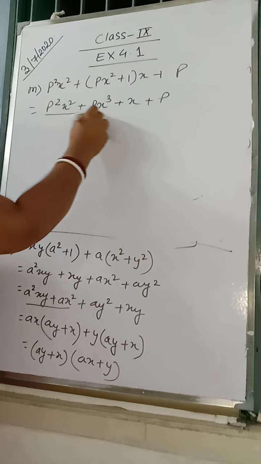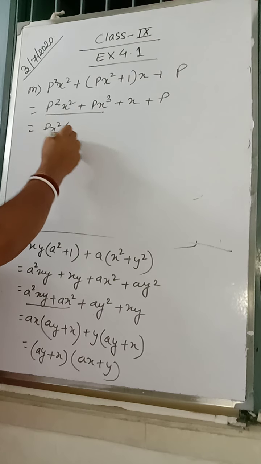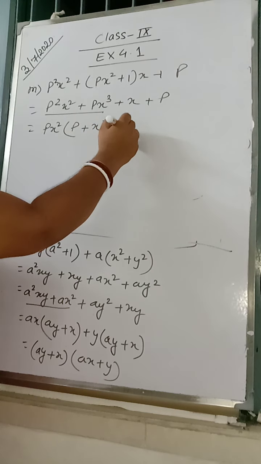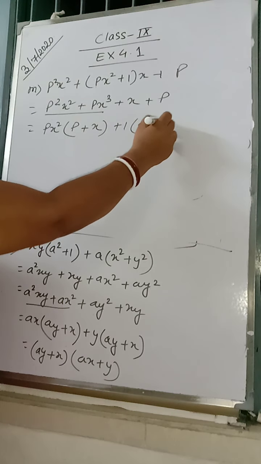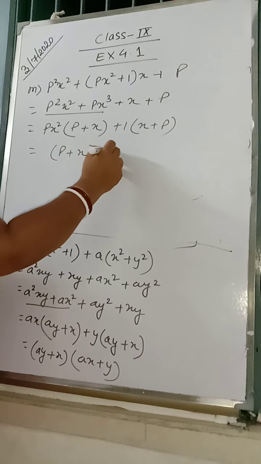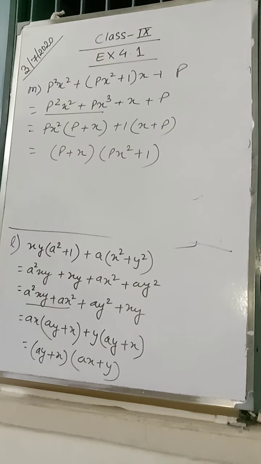Now from these two I am taking p x square common, so I am left with p plus x. Here I am taking one common, so I am left with x plus p. So the answer will be p plus x and px square plus 1. This is question number M.